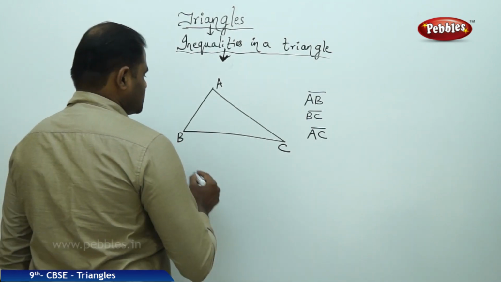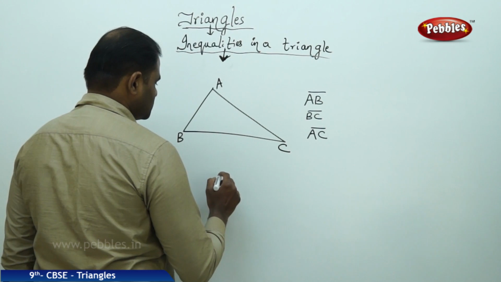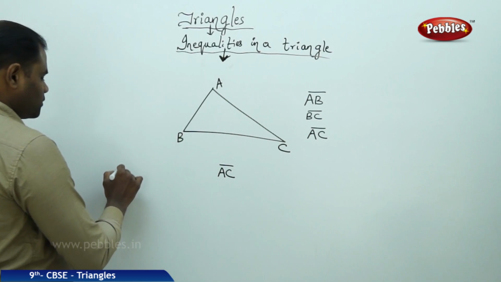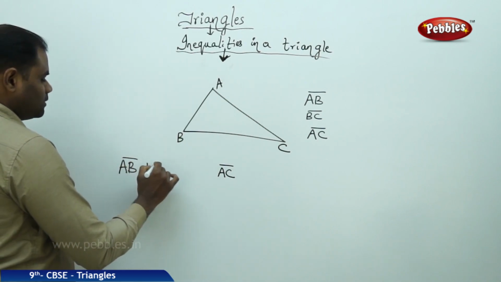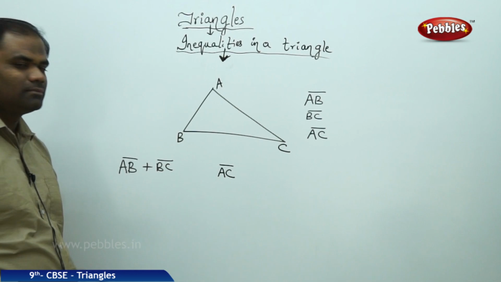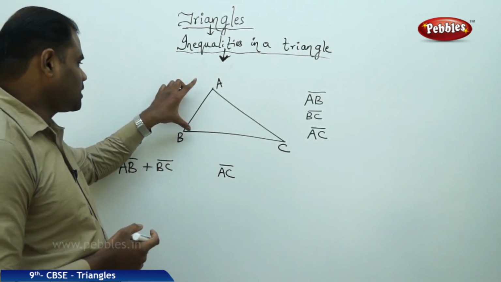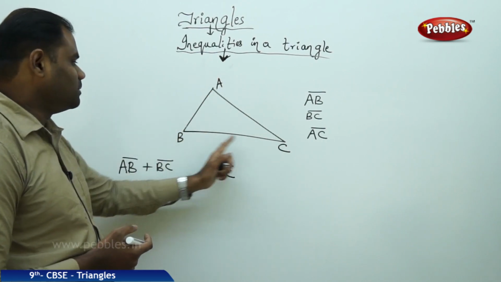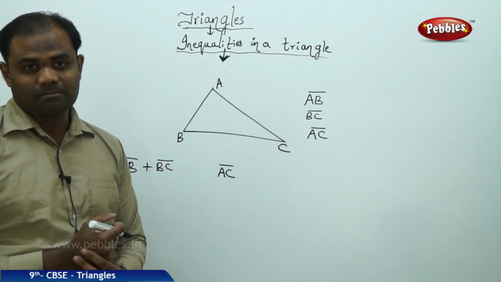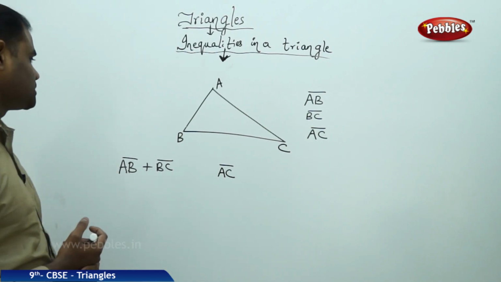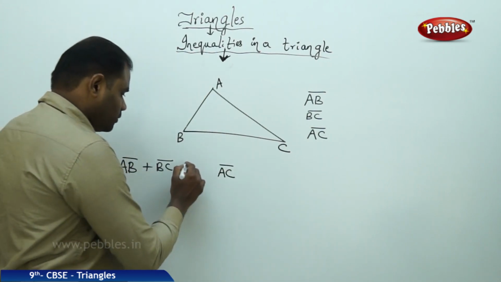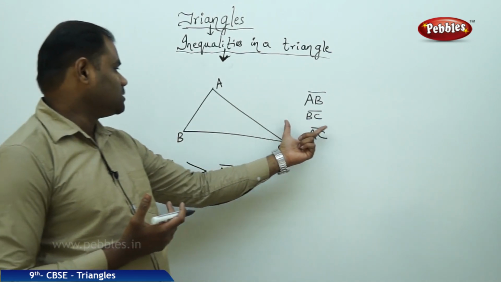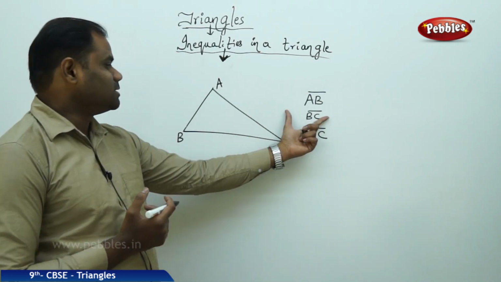It clearly says that suppose I want to take AC and I want to take the sum of the other two sides AB plus BC. Then how do I relate the three sides AB, BC and AC when the sum of two sides AB and BC are connected with the third side AC? Mathematically, the property says that the sum of two sides will always be greater than the third side. This may be true if you take BC and AB or BC and AC.